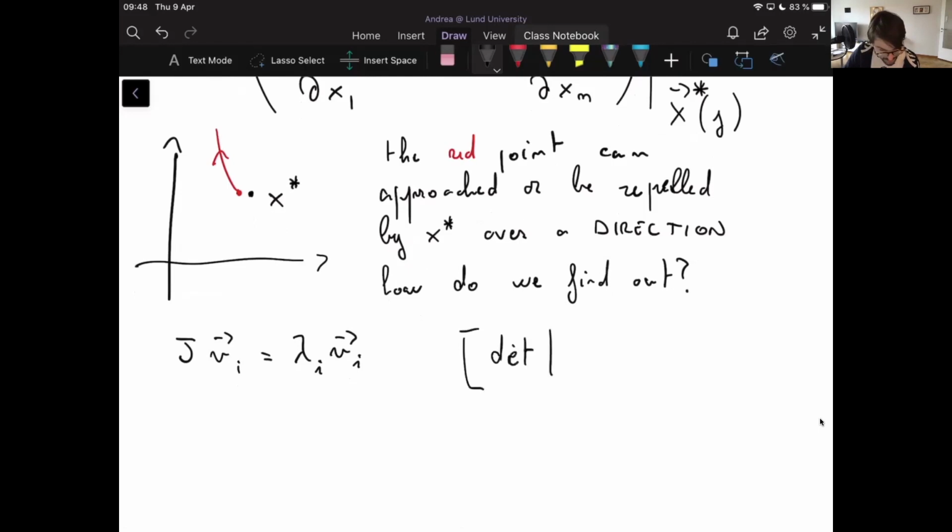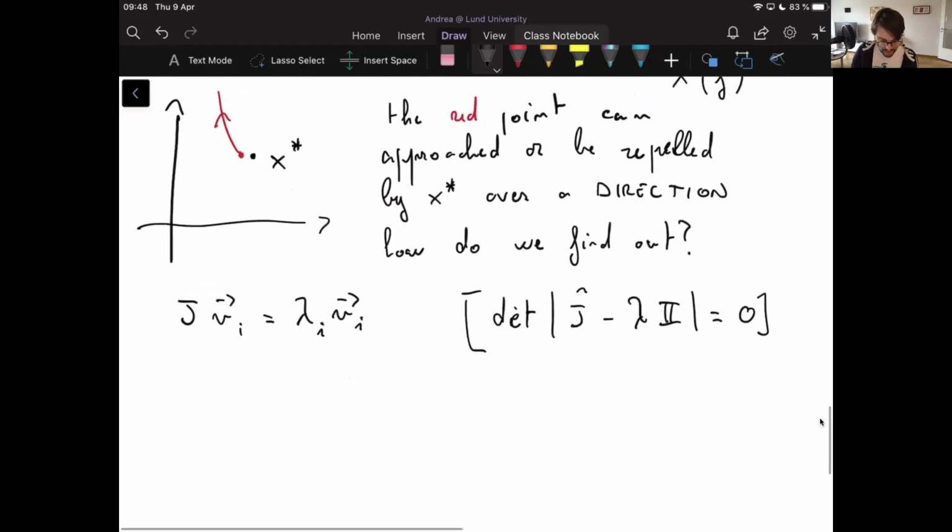You should have it more or less clear, but you simply calculate the determinant of the Jacobian matrix minus the eigenvalues over the diagonal. So this is fairly simple. And then you will find out the eigenvalues and eigenvectors.